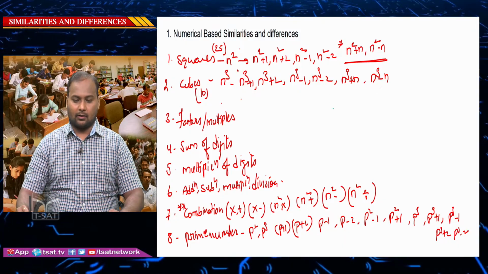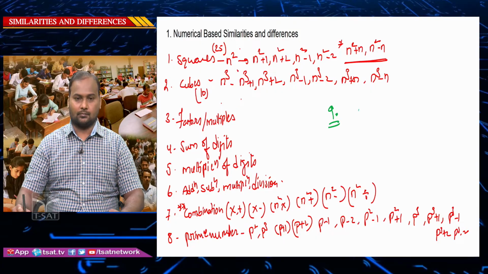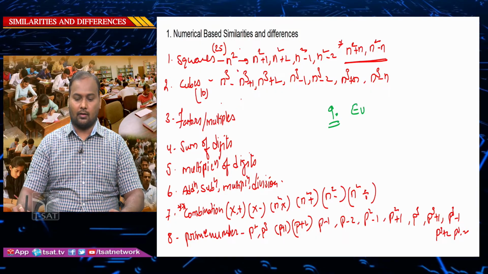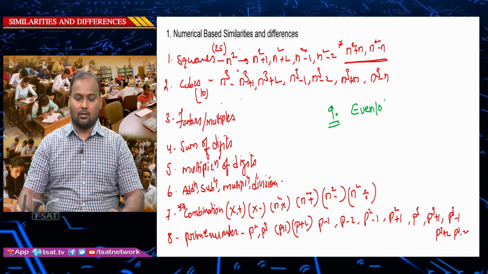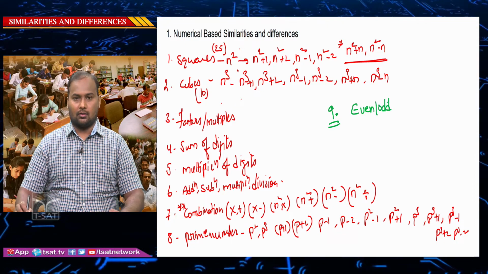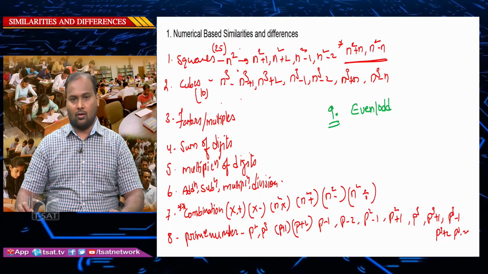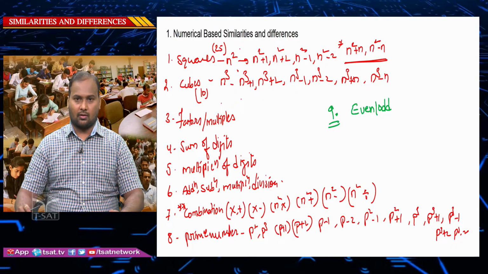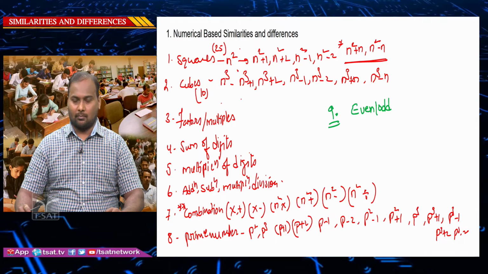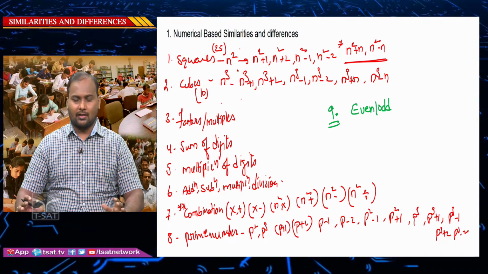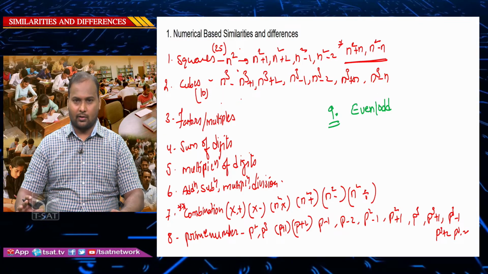The next type that we are going to see is the 9th type, based on even or odd. In these questions, generally 3 options will be even numbers and 1 option will be an odd number, or 3 options will be odd numbers and 1 option will be an even number. These are the different areas where they might ask a question.